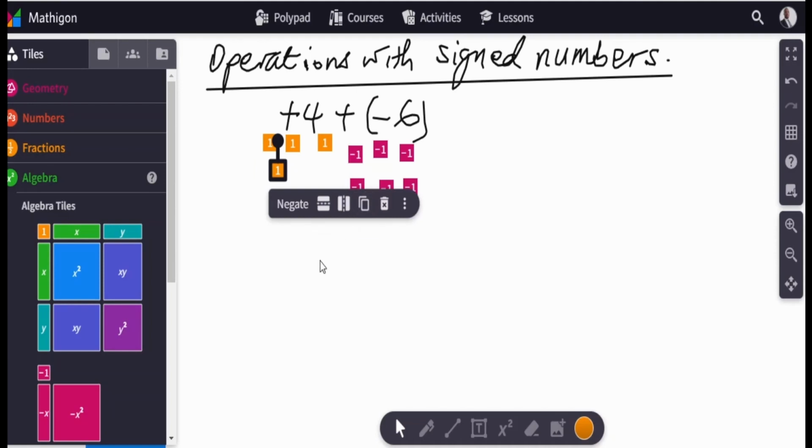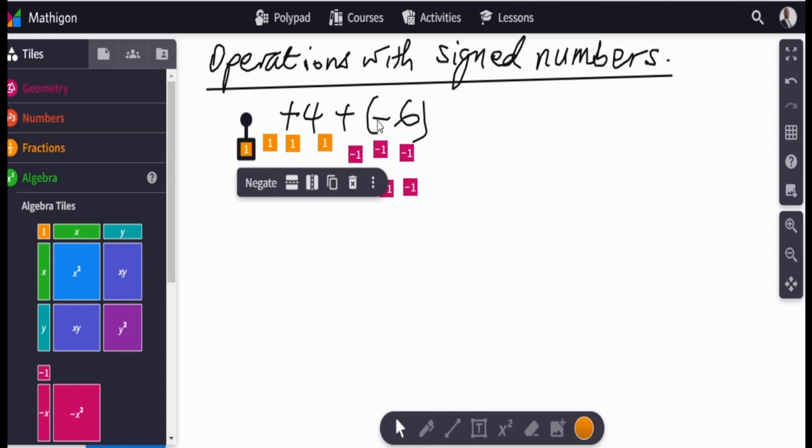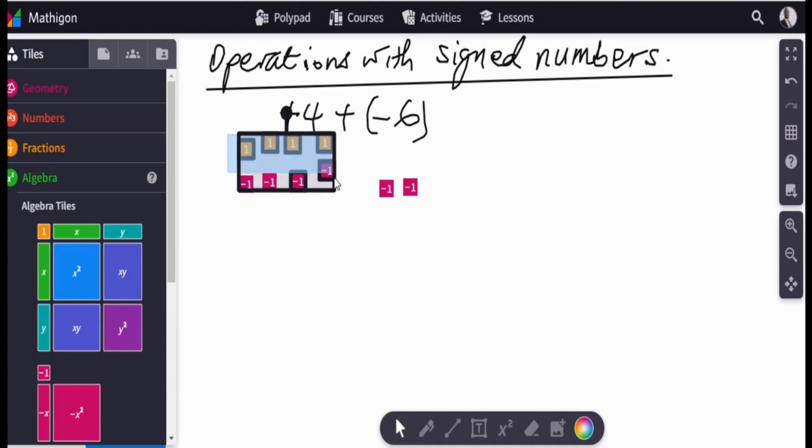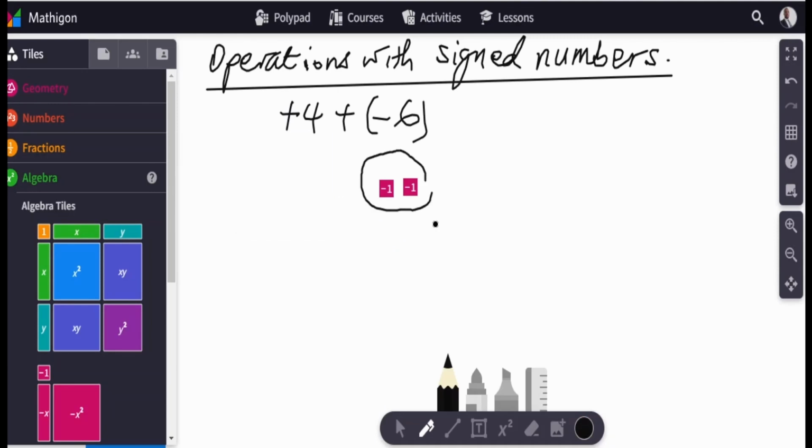So here we have our 4 orange tiles and then 6 red tiles representing -6, and the 4 positive tiles will cancel our 4 negative tiles to give us a 0, and we are now left with 2 negative tiles. Therefore our answer is -2.